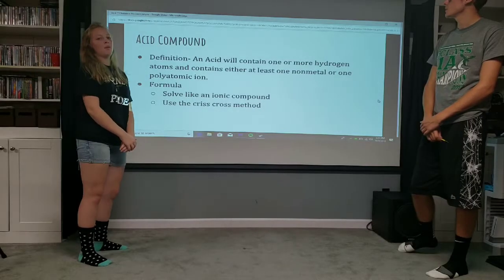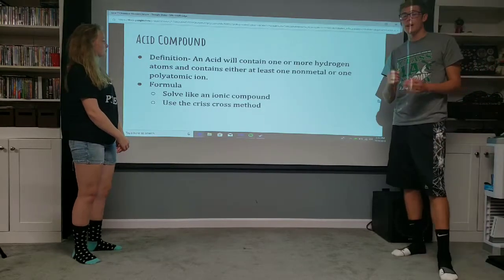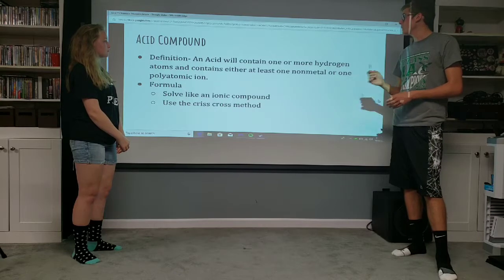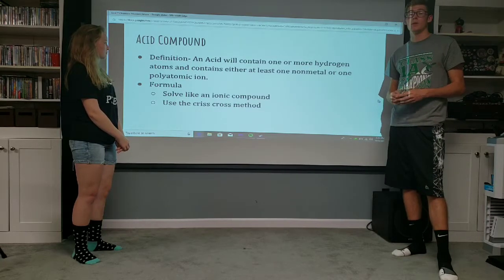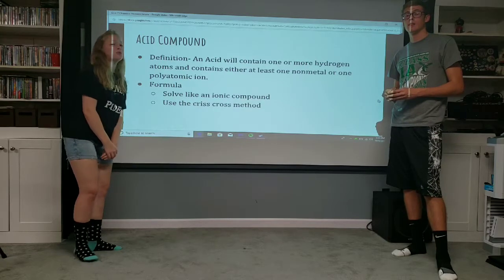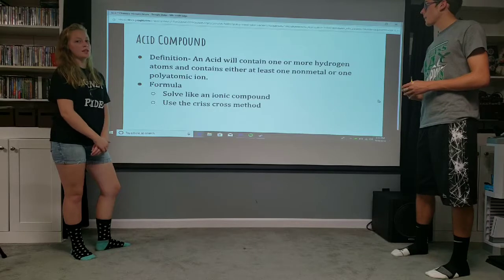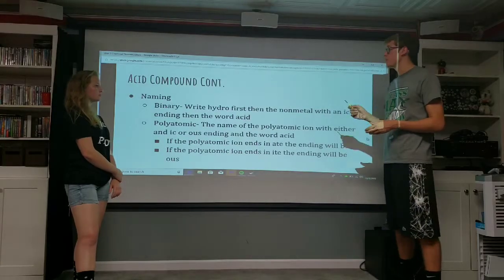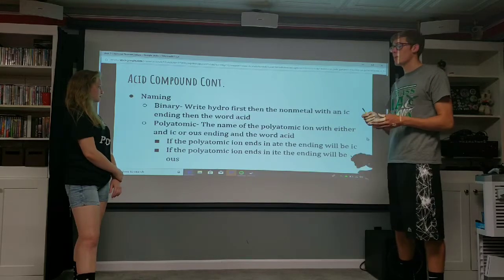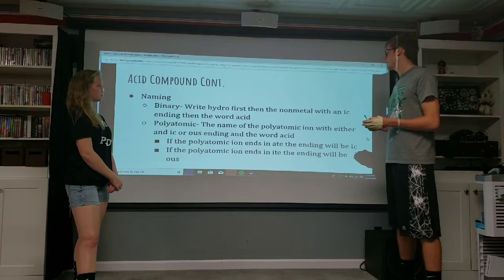The third type of compounds we'll be discussing are acid compounds. An acid compound consists of one or more hydrogen atoms bonded to at least one nonmetal or one polyatomic ion. For the formula, you will just solve like an ionic compound using the crisscross method as stated earlier. There are two types of acids, binary and polyatomic. To name a binary acid, we first write the word hydro, and then the nonmetal that it's bonded to.